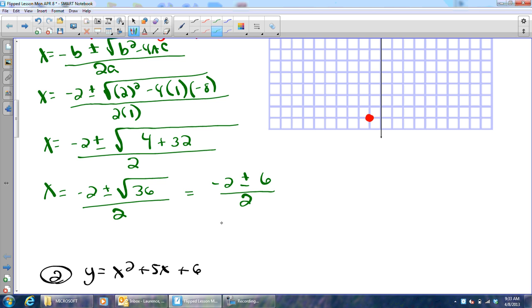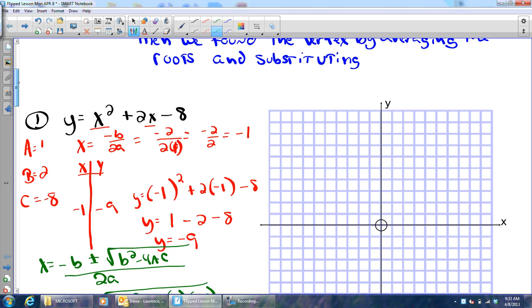So I'm going to have two answers. Negative 2 plus 6 over 2, x is going to equal 2. And negative 2 minus 6 over 2, x is going to equal negative 4.